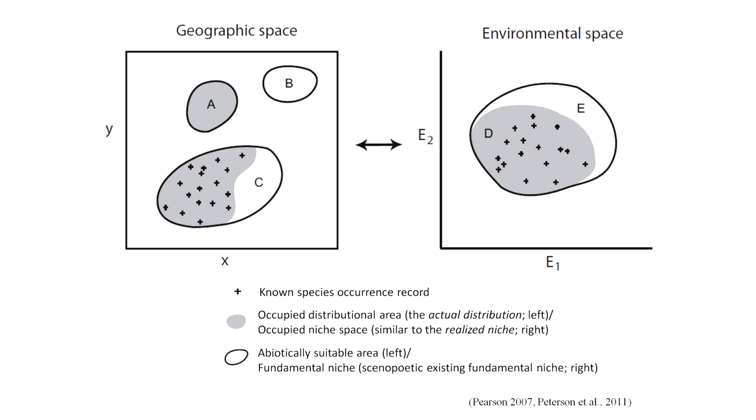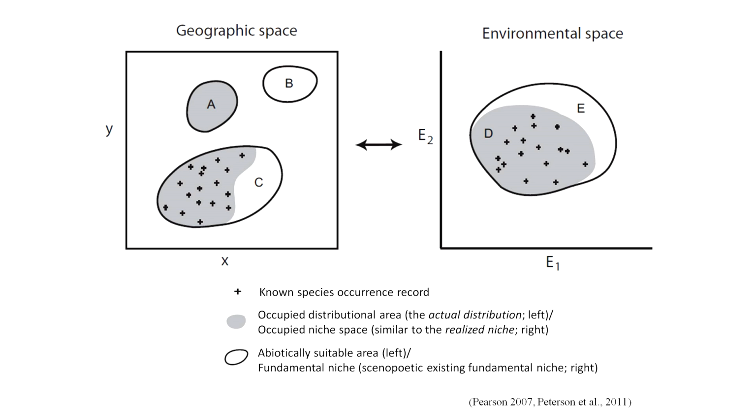I'm going to refer to it as the abiotically suitable area. What I've drawn around here, the solid lines, are basically saying those are where in the landscape the environment is actually suitable for the species. The abiotic conditions meet the requirements that the species needs. So if you think about it as maybe these are mountaintops, then maybe these are the cooler areas on the top of the higher areas where the species is actually going to be found.